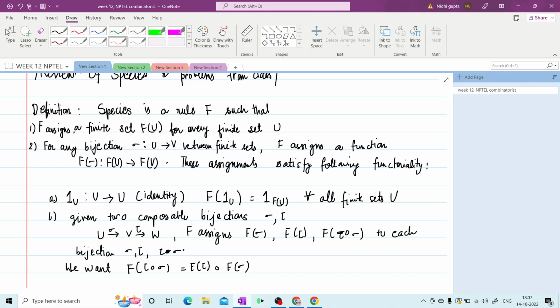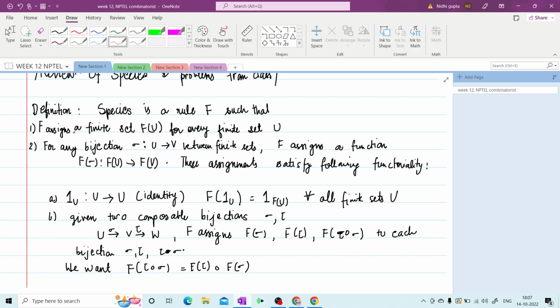It will also assign a function between F(V) and F(W), which will be some F(tau). And if sigma is a bijection and tau is a bijection, the composition of two functions is also a bijection. So this tau composed with sigma is a bijection between U and W. So according to our data 2, it should assign some function to F(tau composed with sigma).